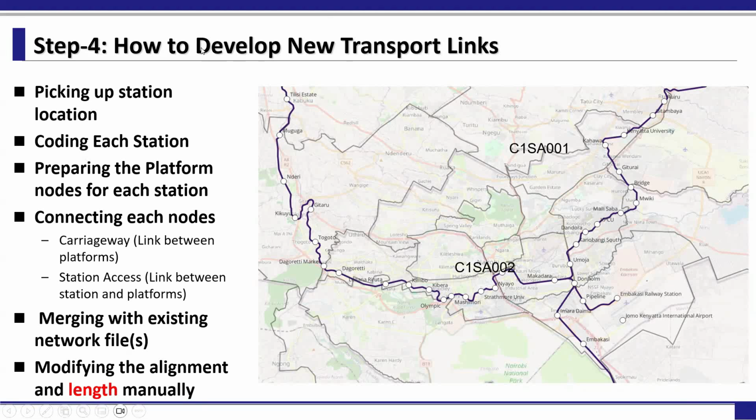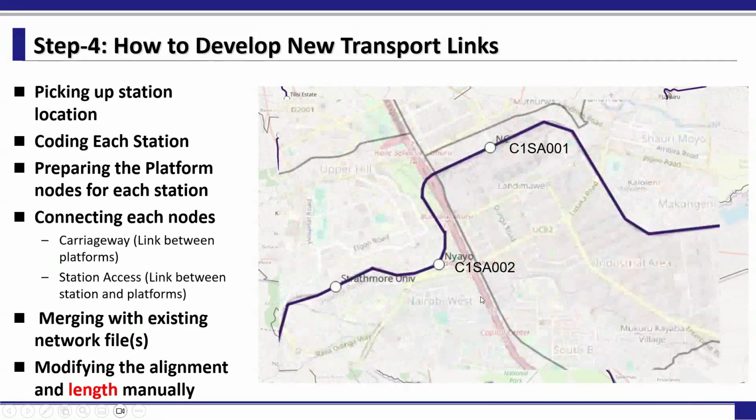Based on the GIS or other KMZs, the locations, meaning the latitude and longitude of each station, can be picked out like this. For example, zooming into these sections, this is the Nairobi Central Railway station. I'm not sure this name is correct. Nyayo Station and Strathmore University can be developed.